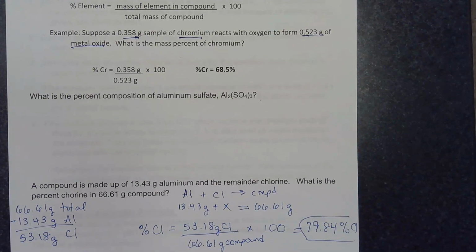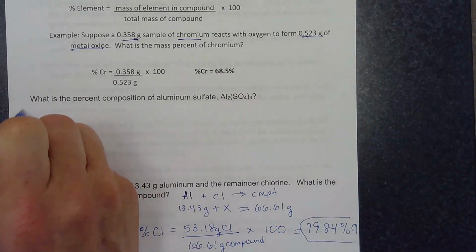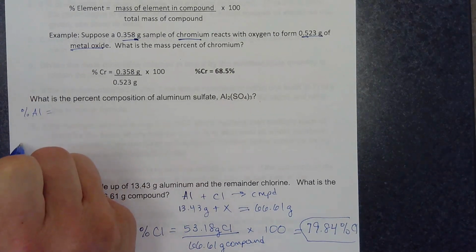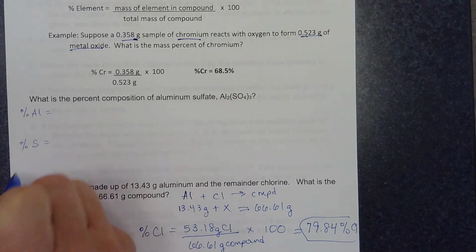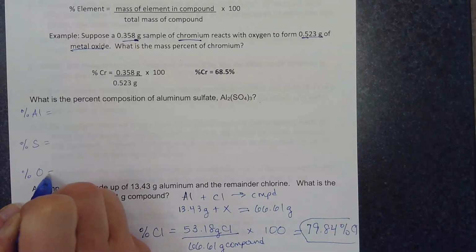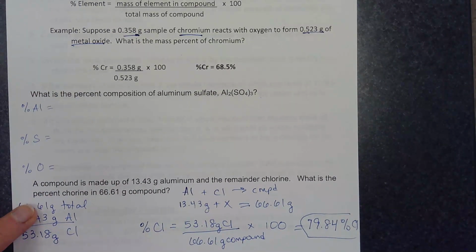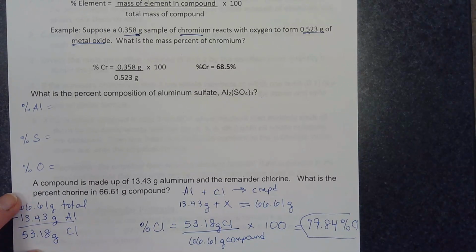Is that just one of them or all of them? All of them. So you're going to have basically 3 problems. Percent of aluminum equals, percent of sulfur equals, percent of oxygen equals. The reason I'm setting it up this way is because we can actually do the setup for each problem at the same time and then just run them in your calculator.